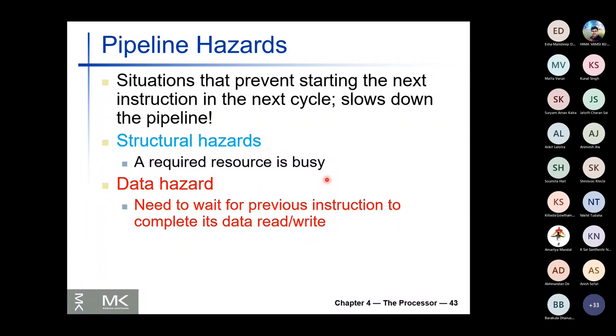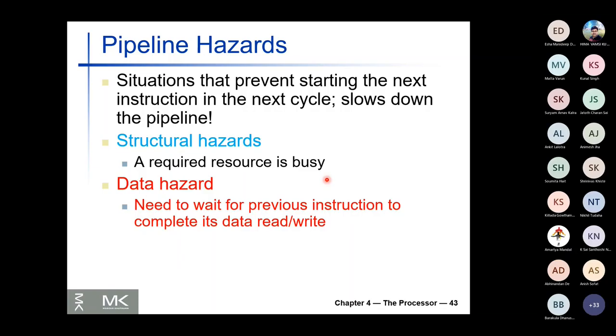You have to wait anyway for a cache miss, but truly that is not a hazard because the memory hierarchy is not a part of the pipeline. I mean, you have to wait for cache misses, but that's truly not a so-called hazard.